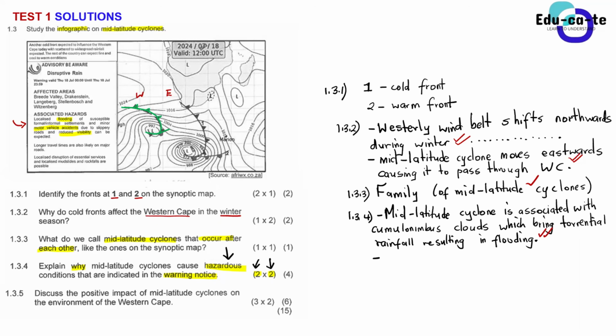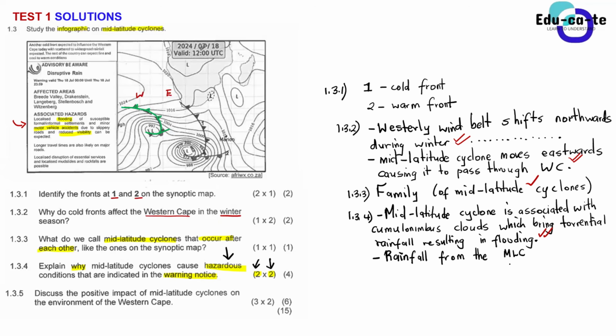Yes, Mukobe. What if I said that because the mid-latitude cyclone brings heavy rainfall, the heavy rainfall fills up the ground with more water, so it may lead to mudslides and rockfalls? Yes, mudslides are one of the things.